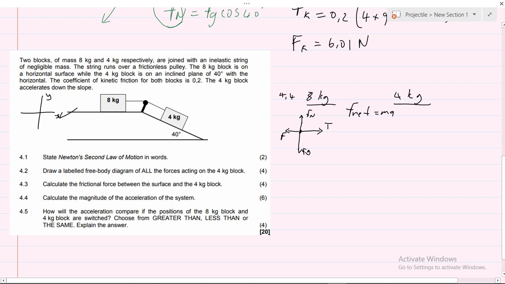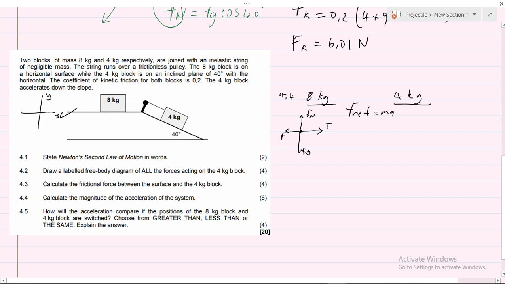So we are going to consider only the forces along the x dimension. We are not going to add all the forces as we see them, but only the forces along the x dimension.